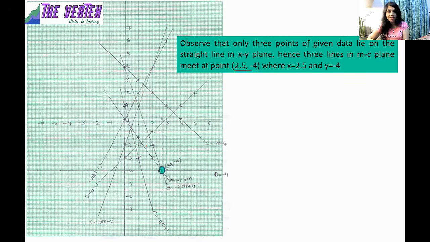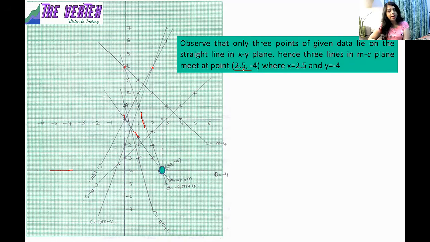So maximum lines means only 3 lines are crossing here: this is one line, this is the second line, and this is the third line. At other places only 2 lines are crossing. So this is the only point where 3 lines are crossing, so we can consider that this is the point where the maximum lines are crossing.